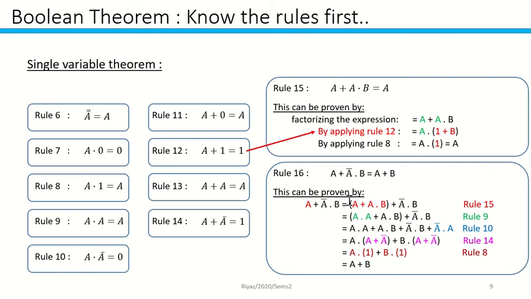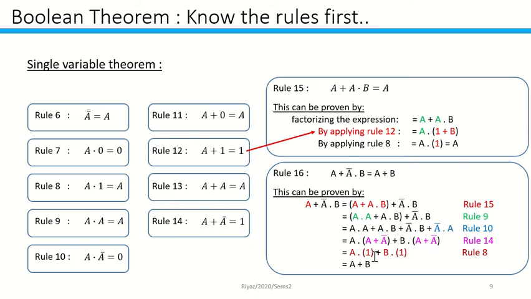So when you factorize this A using rule number 9, A times A is A, so this particular A becomes A dot A, and A dot B stays, plus A bar dot B. By applying rule number 10, in this last one, A dot A bar is 0, so you just include this A so that we have a factor outside, and then take it out.